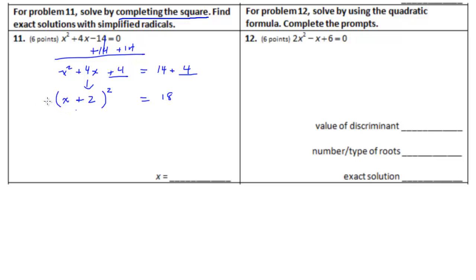Now I'm going to finish my solution by taking the square root of both sides, plus and minus, and on the left I have x plus 2 equals plus or minus the square root of 18. Now this needs to be a simplified radical.